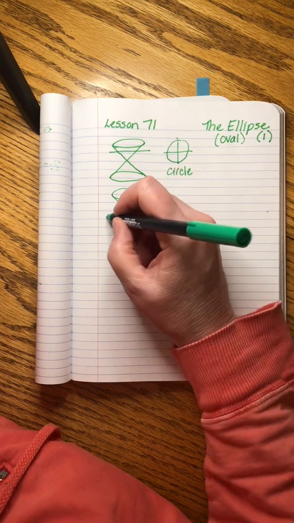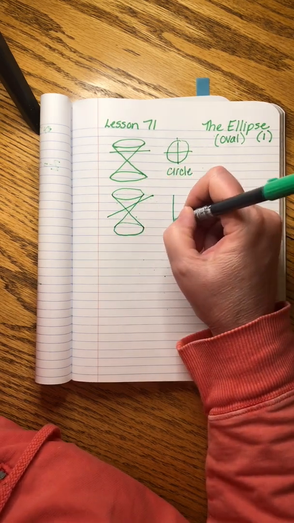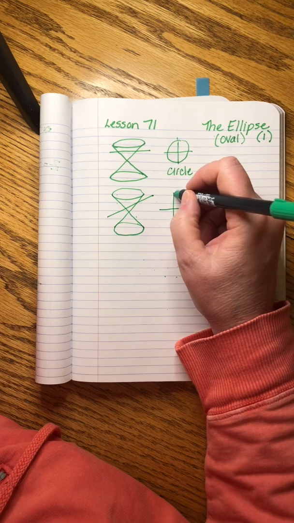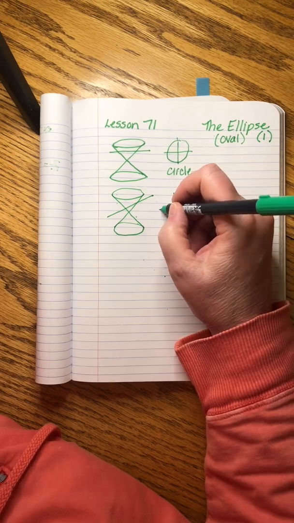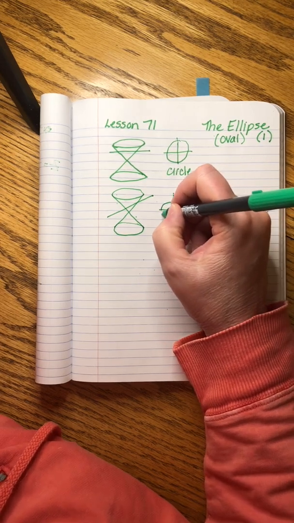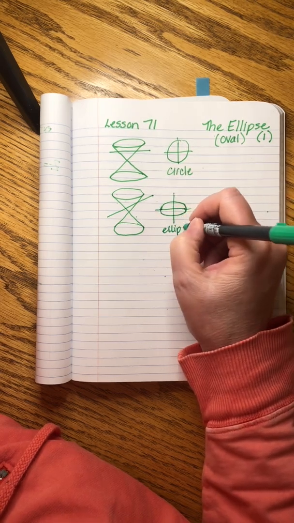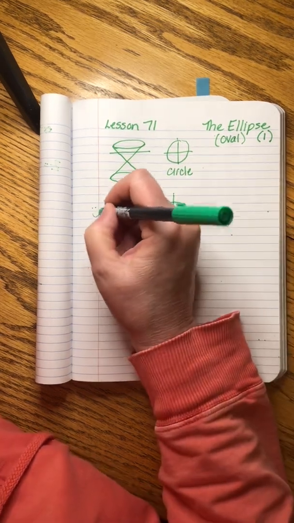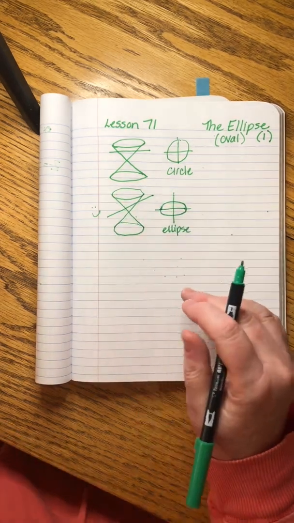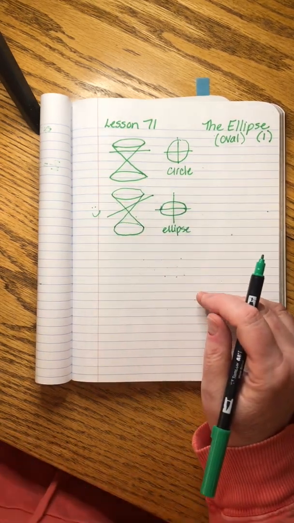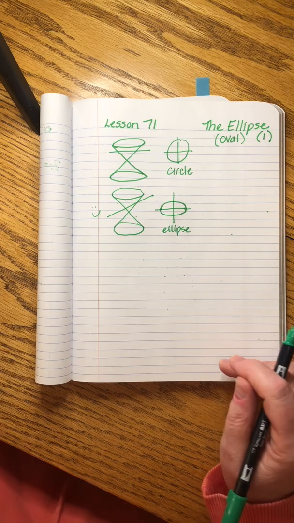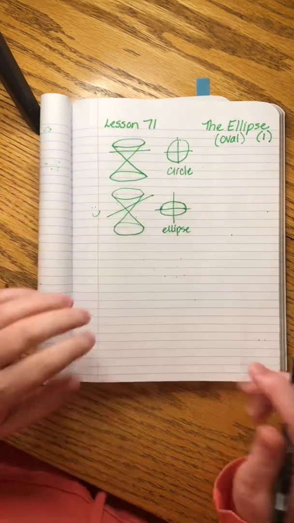If we slice it at an angle, then when we look at it, what we get is an ellipse. So that's what we're doing today. This is our friend for today. We've talked about circles plenty lately, and we'll talk about them more. But today we're going to focus on the ellipse.